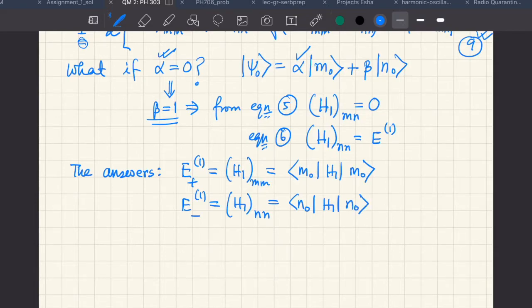These two answers are precisely what we would have obtained using non-degenerate perturbation theory. So we have been very lucky.